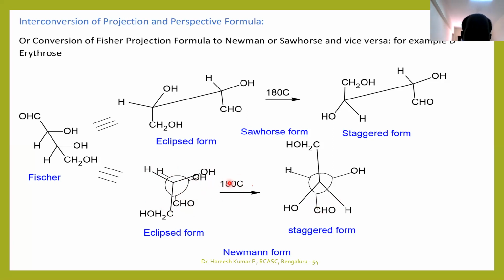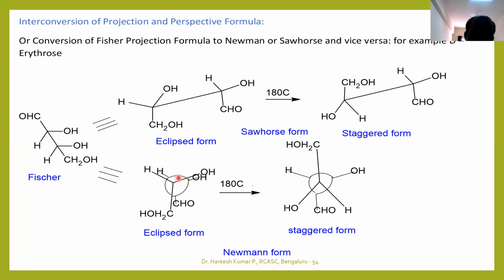It is possible with a 180-degree rotation, and only the front carbon atom is rotated. That means the CH2OH-containing group is rotated by 180 degrees. What does 180 degrees mean? This CH2OH is coming up, and these two groups will come down.